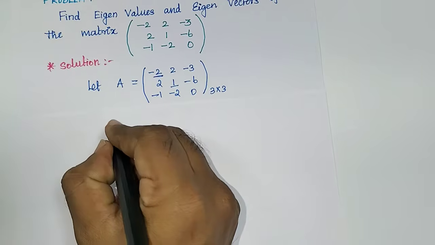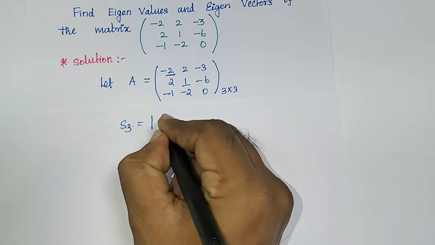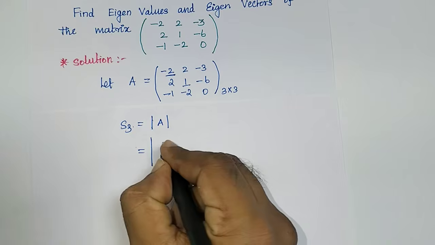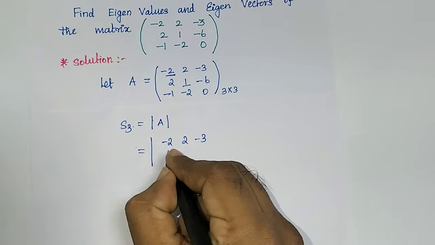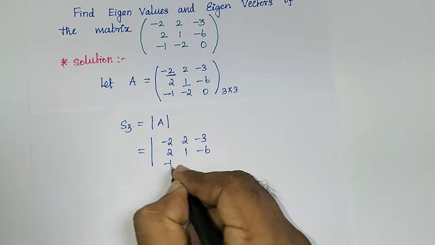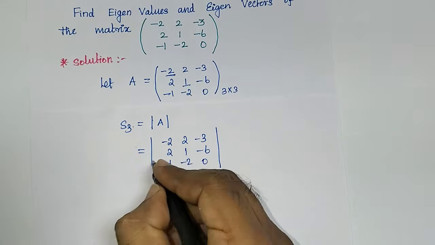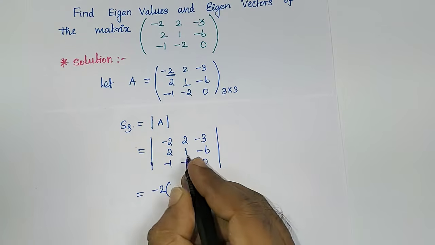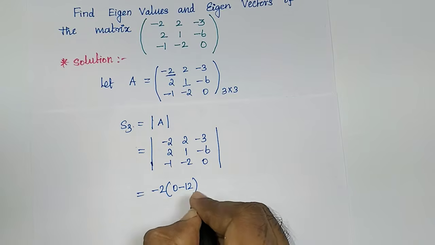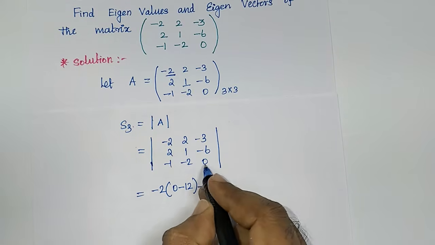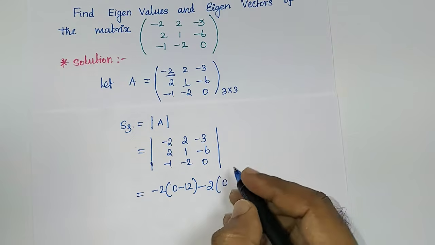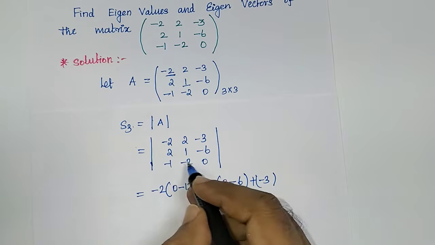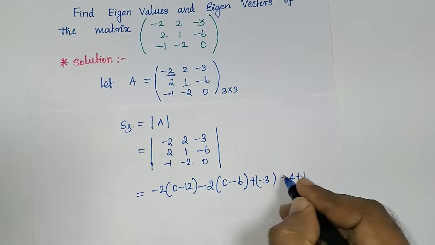Now I am going to find S3. S3 is equal to the determinant of the given matrix A. So I am going to substitute the determinant of [-2, 2, -3; 2, 1, -6; -1, -2, 0]. Applying the determinant rule for a 3 by 3 matrix: minus 2 of (0 minus 12), minus 2 of (0 minus 6), plus minus 3 of (minus 4 plus 1).